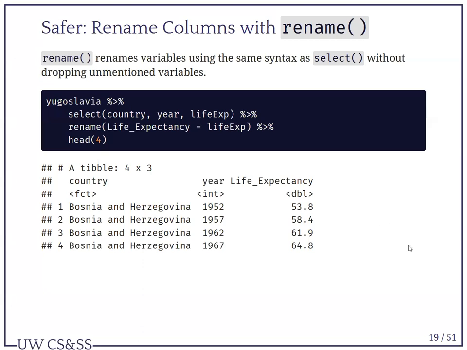And rename allows us to do this. So here we take the Yugoslavia data, select country, year, and life expectancy, and then rename the life expectancy column using the new name equals the old name syntax, and then take the first 4 rows and we get our country, year, and life expectancy with the new name columns.